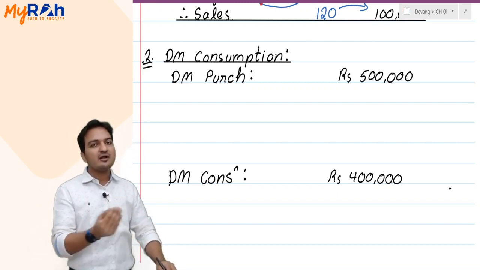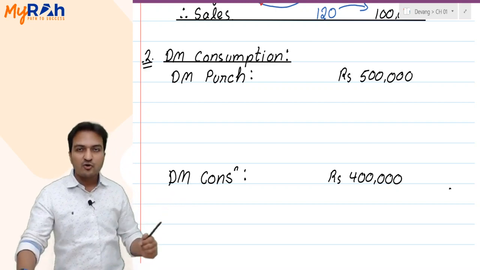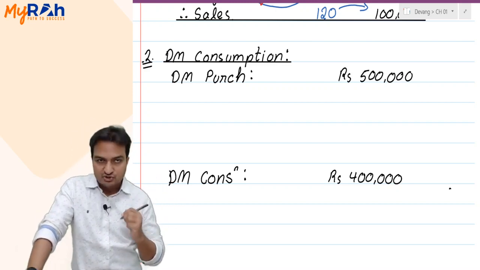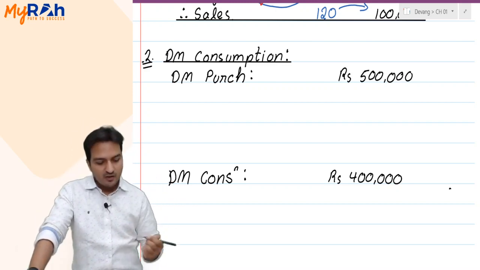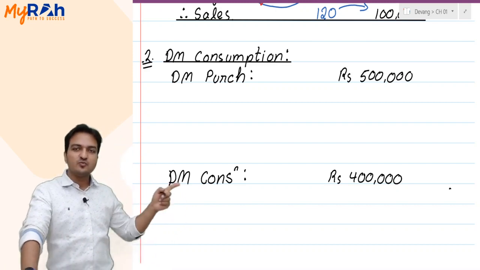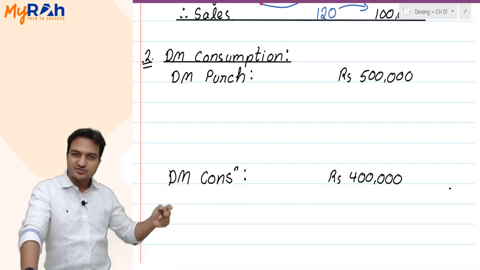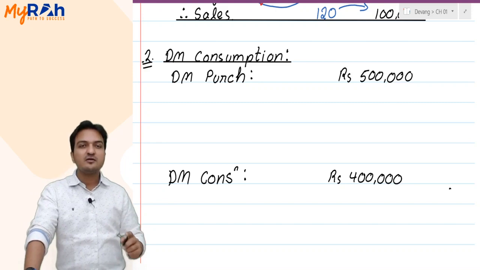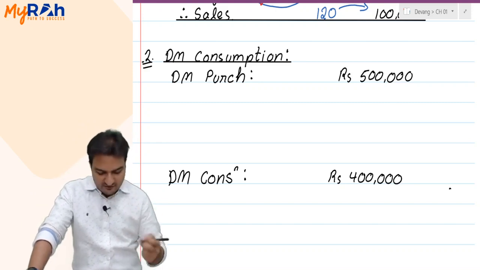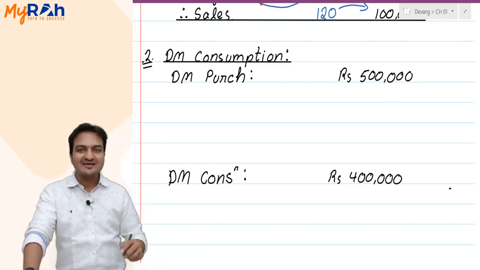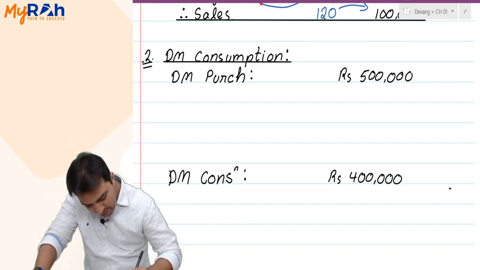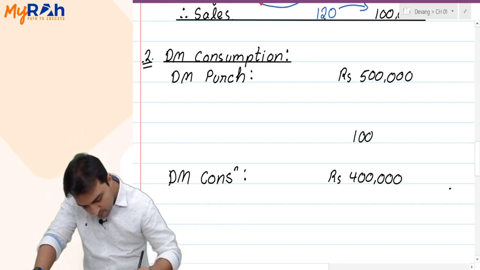So out of 5 lakh rupees material that I purchased, if only 4 lakhs is what I have consumed, then where did the remaining 1 lakh go? 5 lakhs I purchased, 4 lakh is what I consumed, so remaining 1 lakh, where did that go?